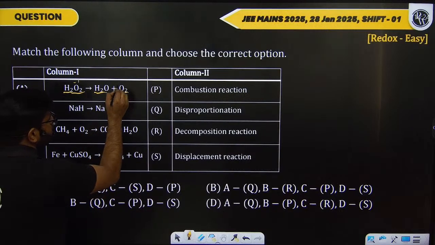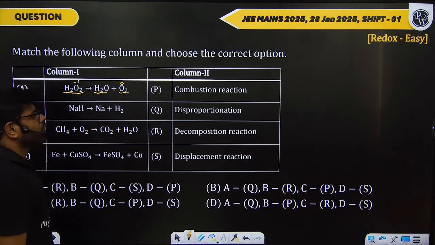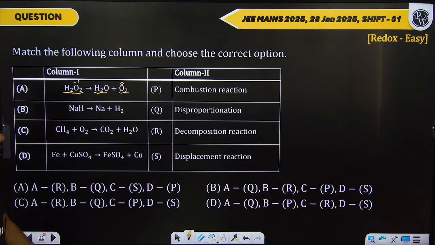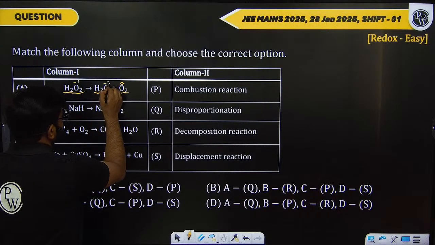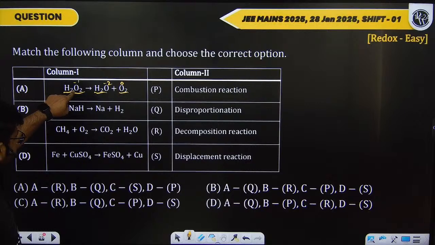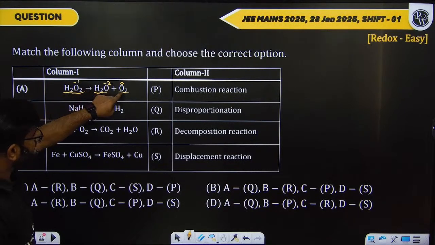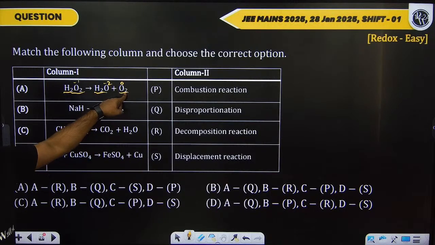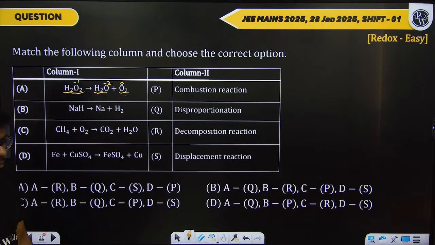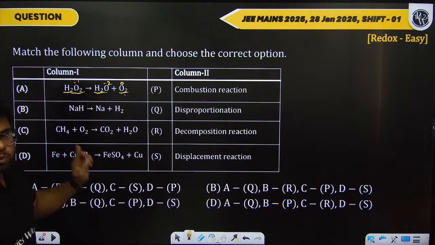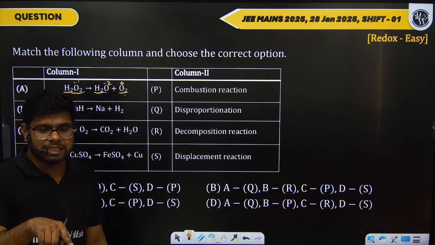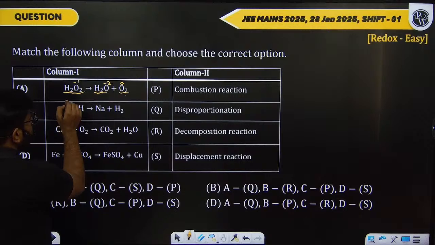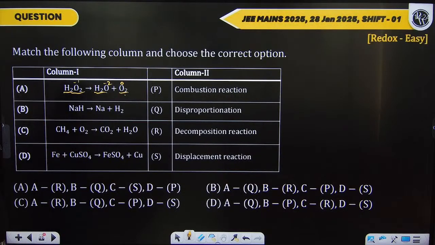Now in elemental oxygen it has 0 oxidation state. Now see, oxygen minus 1 converting into 0. That means the oxidation state increases, which means oxidation. Now minus 1 to minus 2. That means the oxidation state decreases, so reduction. Both oxidation and reduction are happening for oxygen.